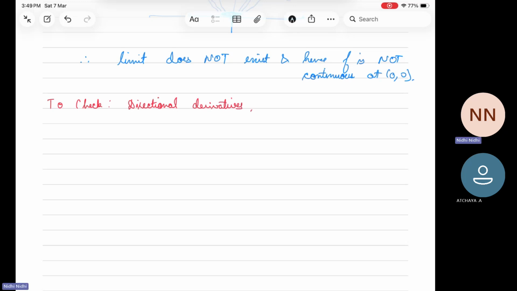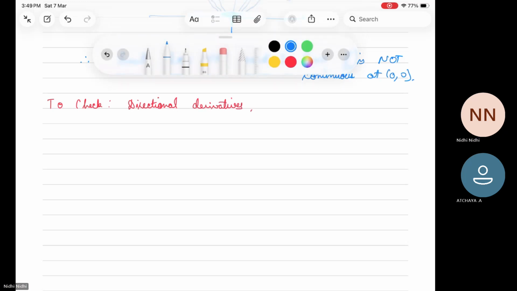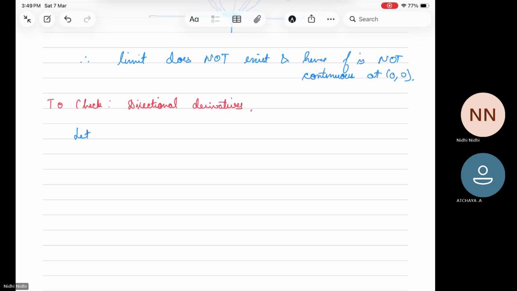So let's start with some unit vector u. Let u1, u2 be a unit vector.